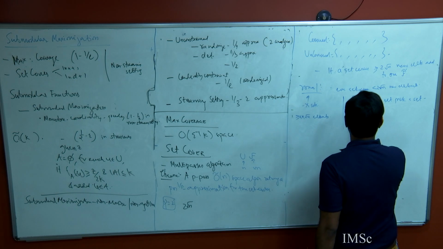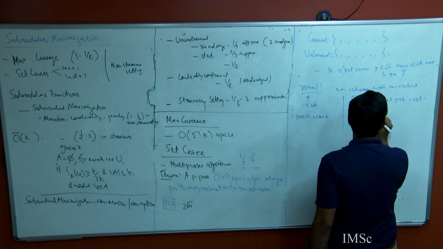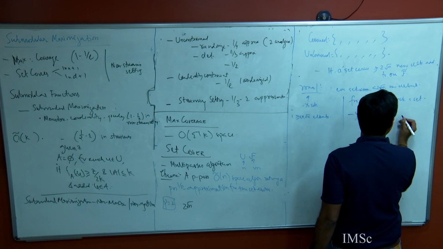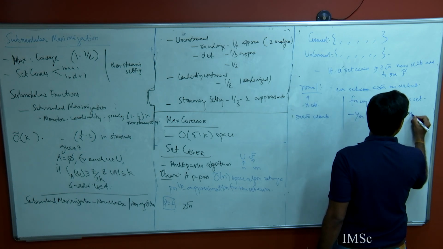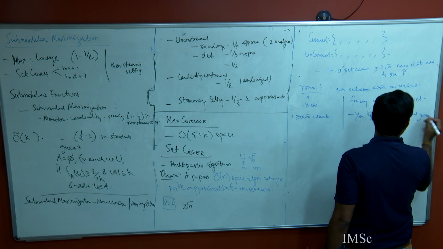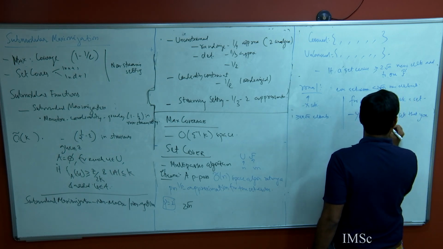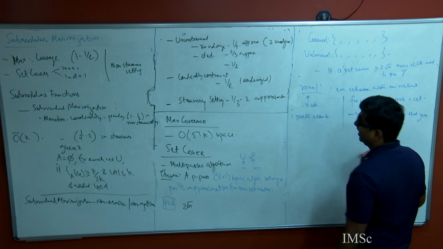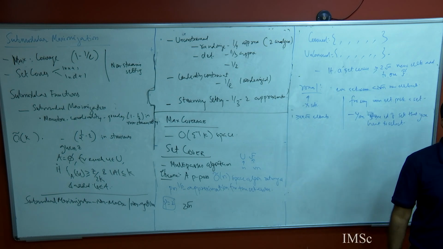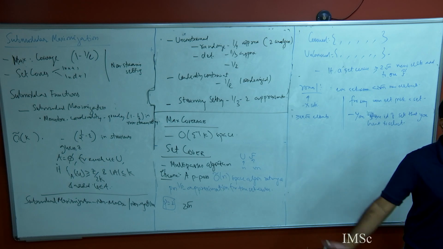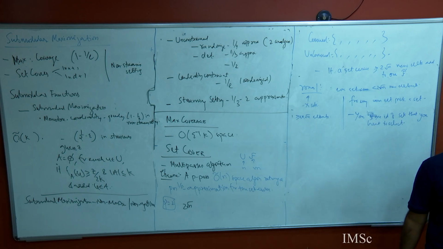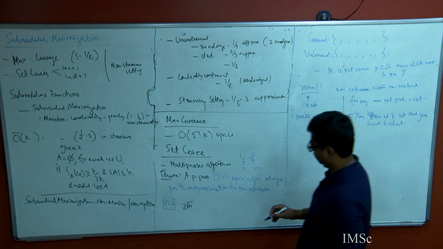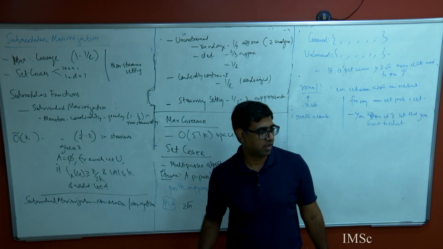So you output or store the IDs of sets that you want to select. Clearly I will never select more than n IDs, because why would I want more than n sets in my solution? All they have to cover is n elements.